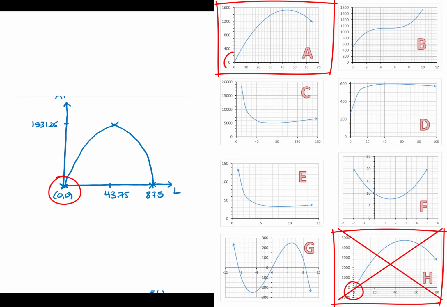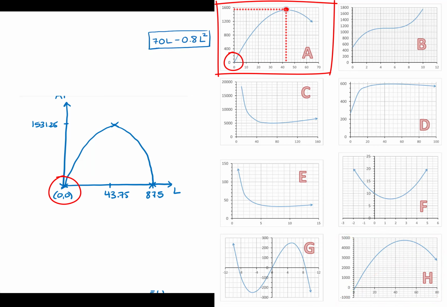That can be found in our graph A. Furthermore, I can see that my maximum is when we have 43.75 on the horizontal axis and 1531.25 on the vertical axis. It doesn't go as far along the horizontal axis as the graph that we drew, thus it doesn't cross that horizontal axis again, but graph A is the one that matches with this equation.